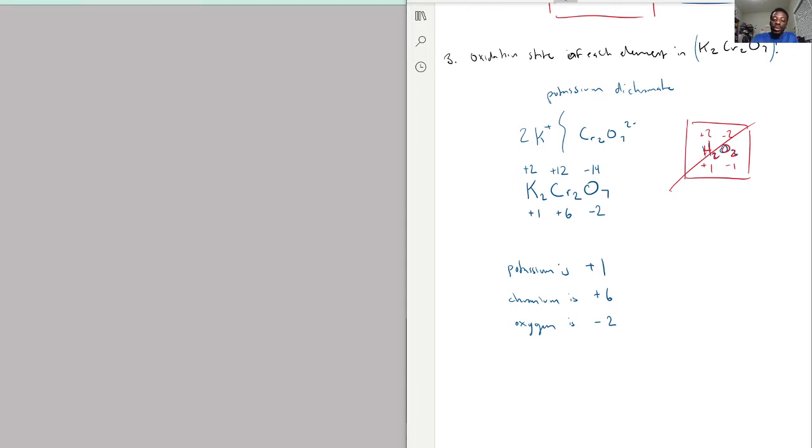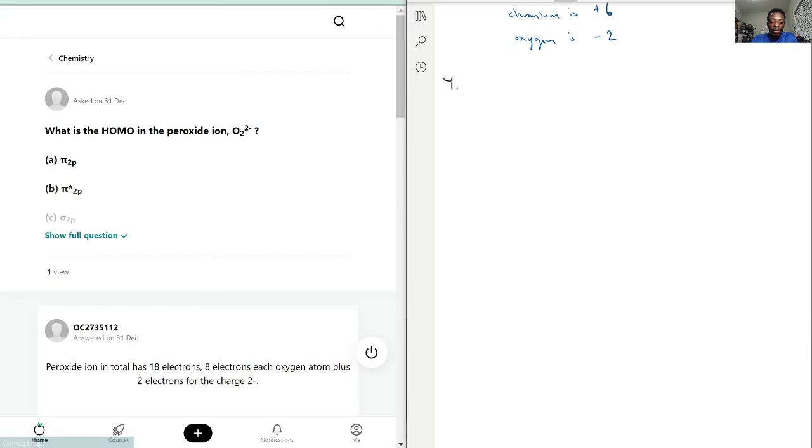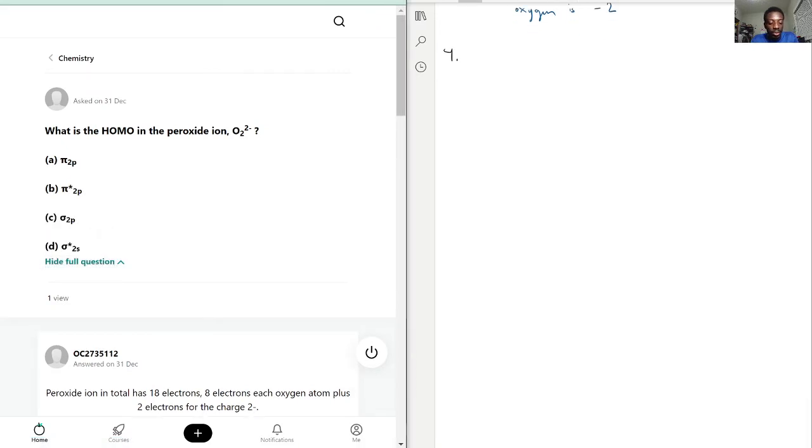So let's move on now to question number 4. I thought I removed this question. What is... so for this, they're trying to find the bond in the peroxide ion.